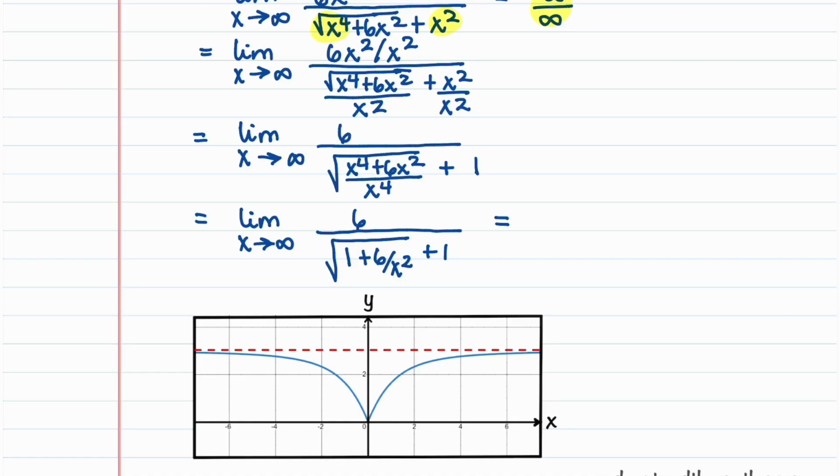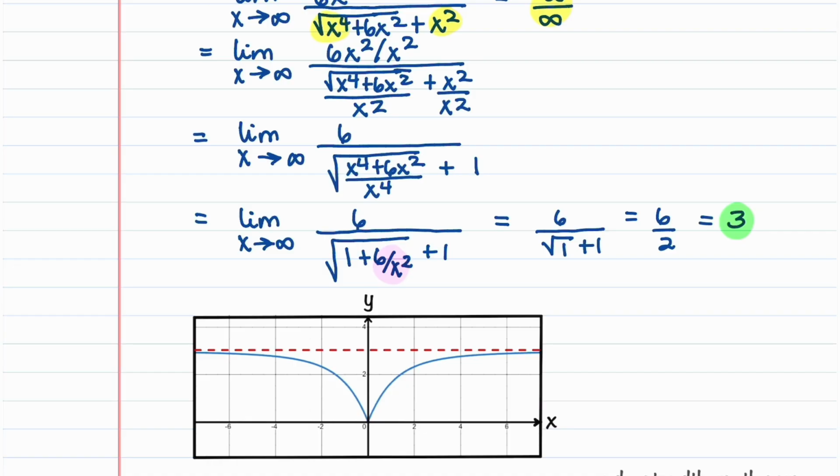Now we can go ahead and plug in. x is going to go to infinity, so this term is going to go to 0, and we have a 6 all divided by the square root of 1 plus 1. So this is 6 divided by 2, which is equal to 3. So our limit is equal to 3.